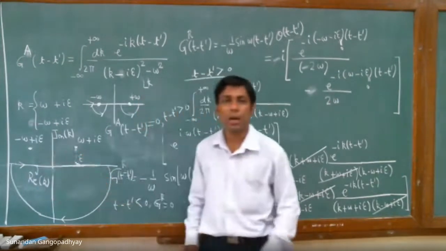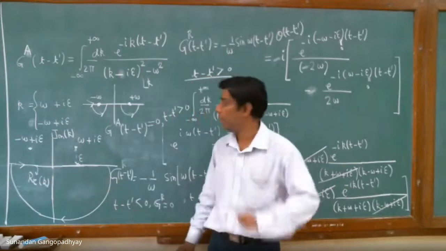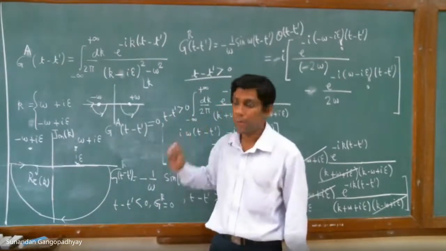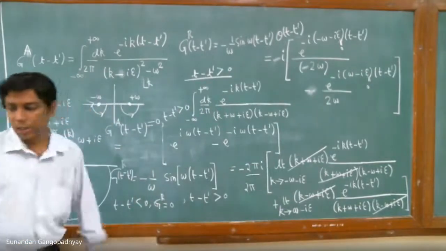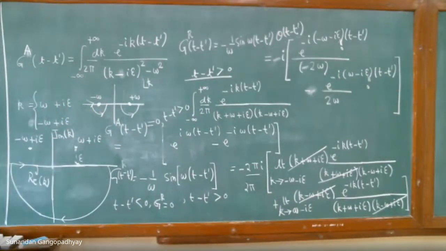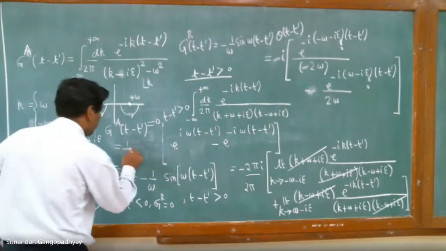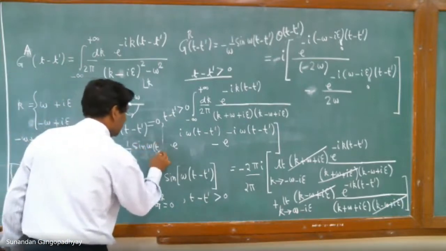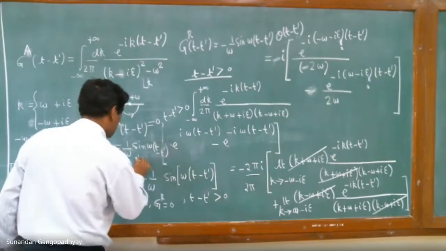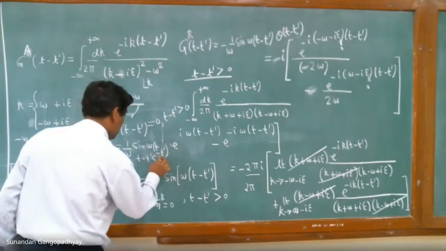Both the poles are sitting above, therefore this contribution is 0. Without doing any calculation, you can write it down immediately. And for t minus t prime less than 0, you get 1 by omega sine omega (t minus t prime). This is for t minus t prime less than 0.